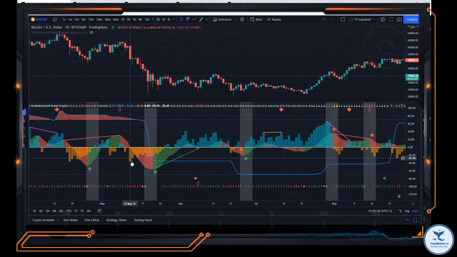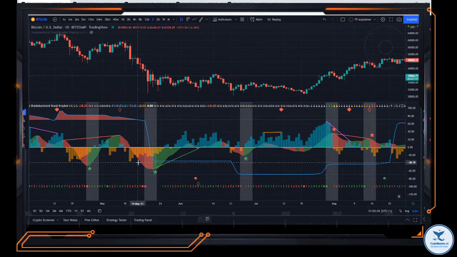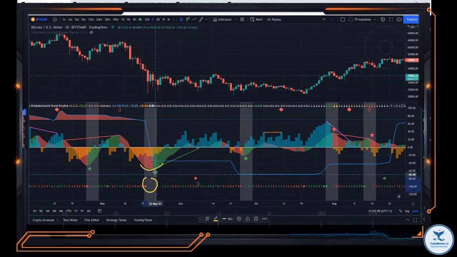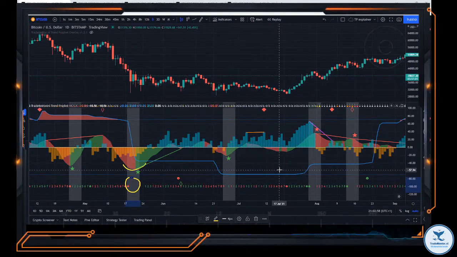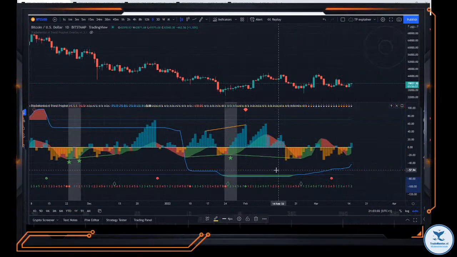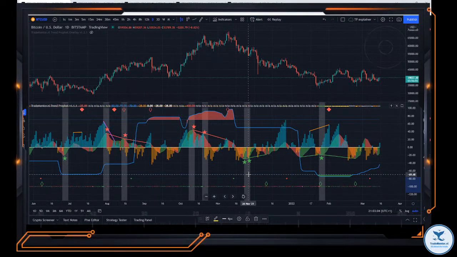Here's a decent example. And that is when the trend momentum is reversing direction while inside a potential reverse zone, and then you get the star symbol as a trend flip. So that's just combining those two parameters, those two signals, and they're doing pretty good.